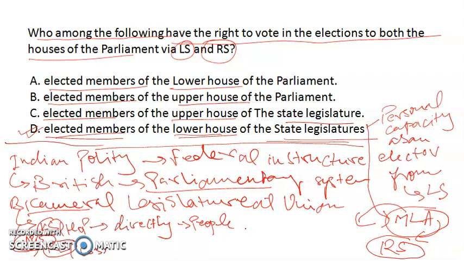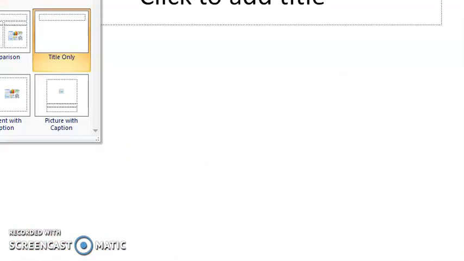The whole India has been divided into parliamentary constituencies, and elections are held, and the members to the Lok Sabha are directly elected by the people from their respective parliamentary constituencies.